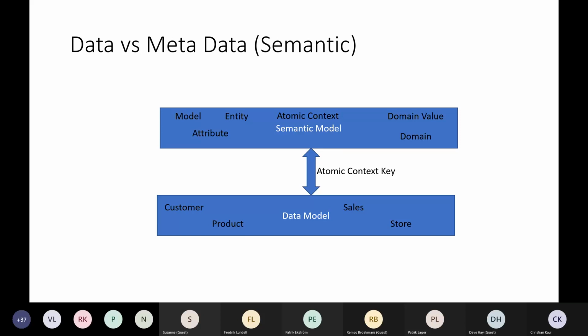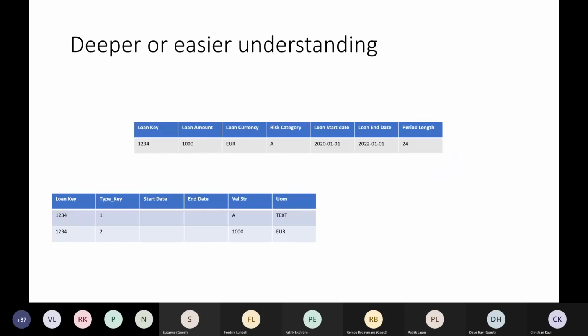Because let's look at it. Here we have a normal flat table, and you can see loan amount, loan currency, risk category, loan start date, loan. You can understand more or less what this is. In this place, we have a type key. It says 1, and there is a value, and type key 2, and that says 1,000 in euro. There is no possibility for you to understand what the data is here.